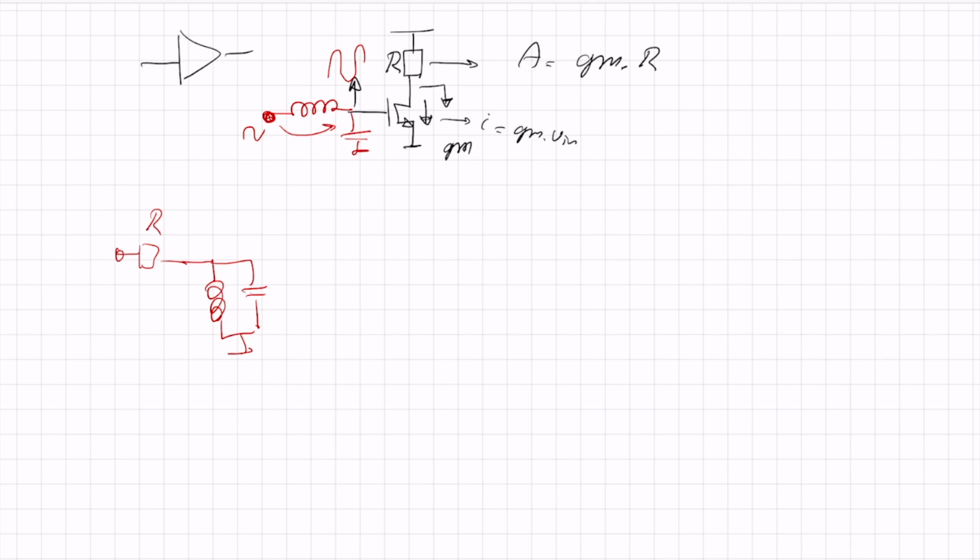If I make a plot of gain versus frequency, then at the resonance frequency I get my highest transfer function. At low frequencies the inductor is a short and I get small output signals, and at high frequencies the capacitor is a short and I also get no output signal. So that's a bandpass characteristic.